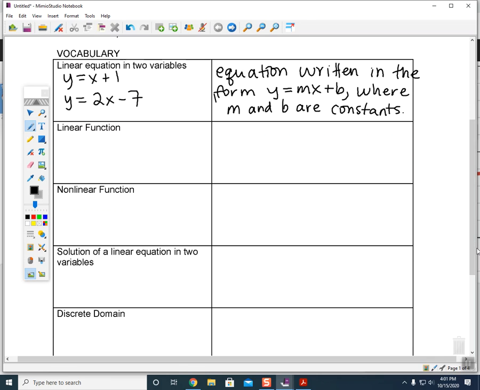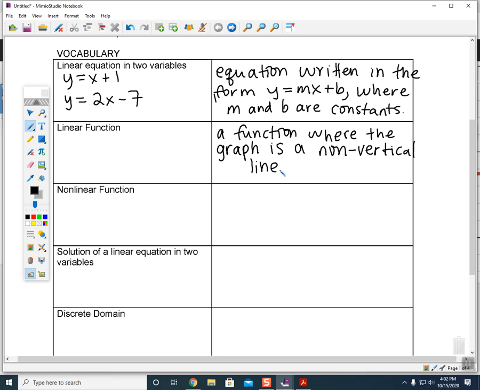A linear function is a function where the graph is a non-vertical line.